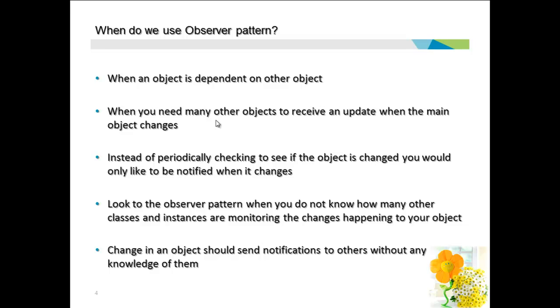So instead of periodically checking, you would only like to be notified when it gets changed. And look to the observer pattern when you do not know how many other classes or instances are monitoring the changes that are happening to your object. Then in such scenarios also we go for observer pattern. And the change in an object should send notification to other objects without any knowledge of them. Even in that scenario also we can go for a specialized version of observer pattern.